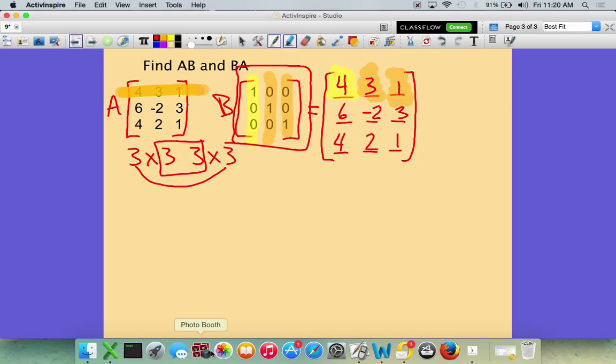When that's the case, that's like multiplying by 1. That's why our A turned into our answer. If we did B times A, we would be taking 1 times whatever A is, so our answer is just going to be what A is.